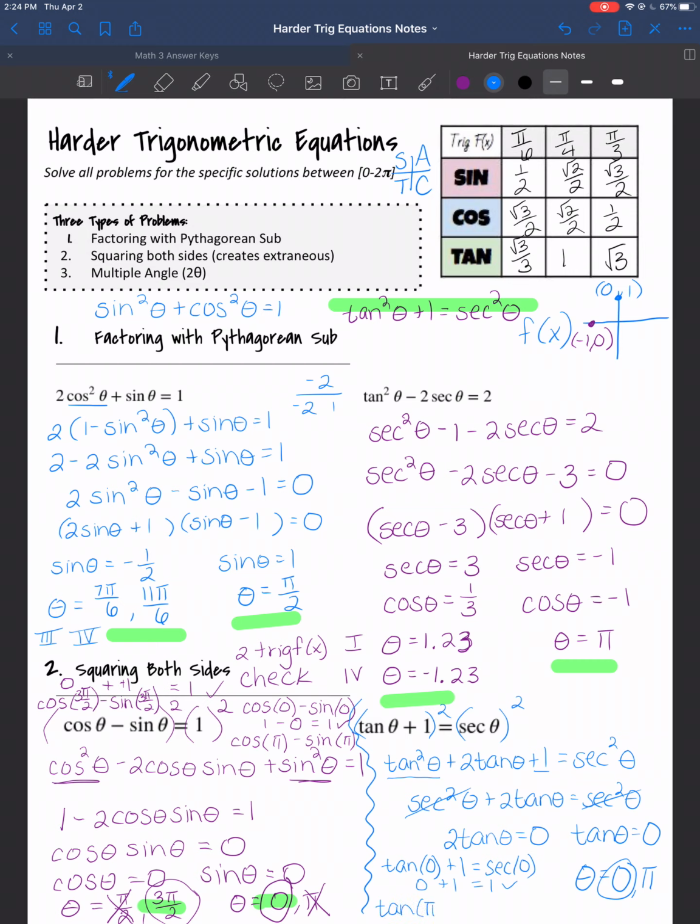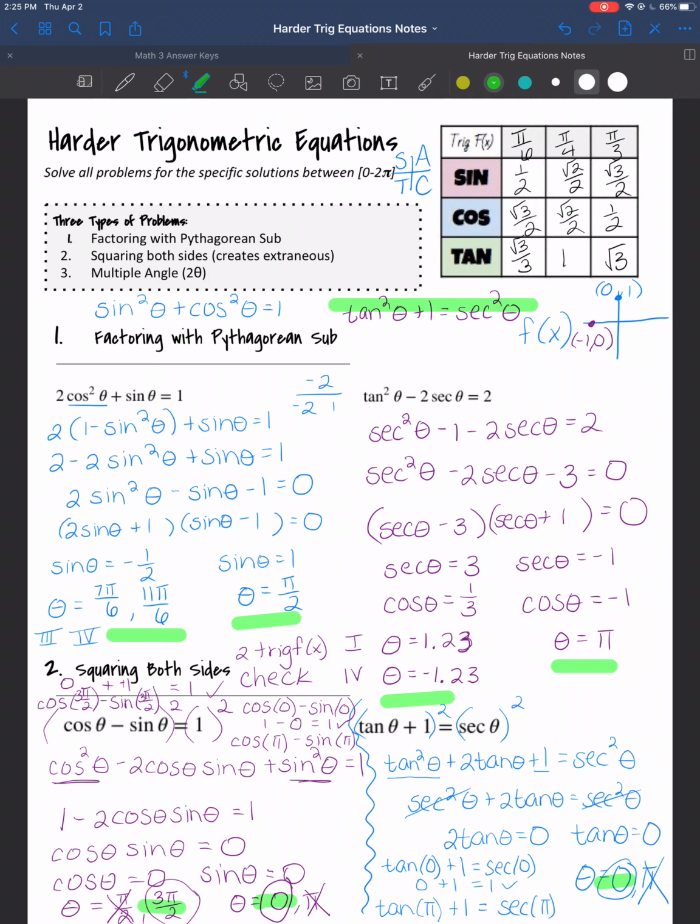Tangent of pi plus 1, does that equal secant of pi? Well, tangent of pi is 0 plus 1, that works. Secant of pi, however, is 1 over negative 1, which is negative 1. 0 plus 1 does not equal negative 1, so pi is out. So the only solution there is 0.